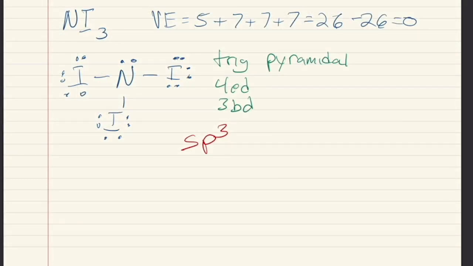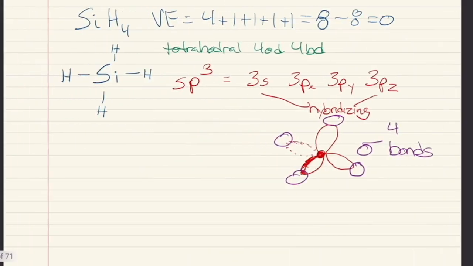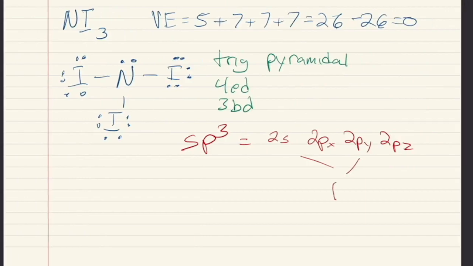So here we are dealing with sp3 hybridization of the 2s and the 2px, 2py, 2pz coming together to create the exact same situation that we saw before, except now instead of 4 sigma bonds, we have a lone pair in one of the hybridized orbitals, and we have 3 sigma bonds around this central nitrogen.